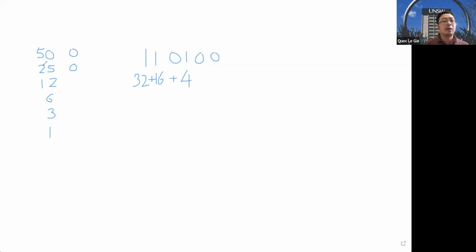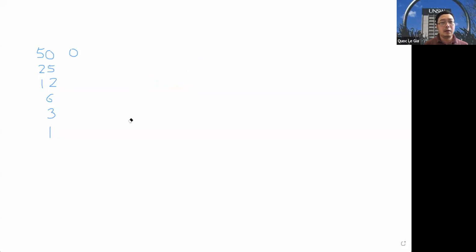So 50, 25, 12, 6, 3. Okay, so we need to just adjust the 2 column. Now just erase this one. So this one is 0, then it's correct.